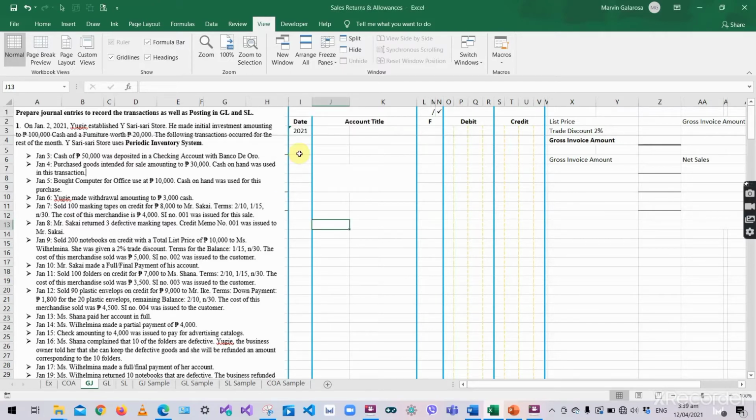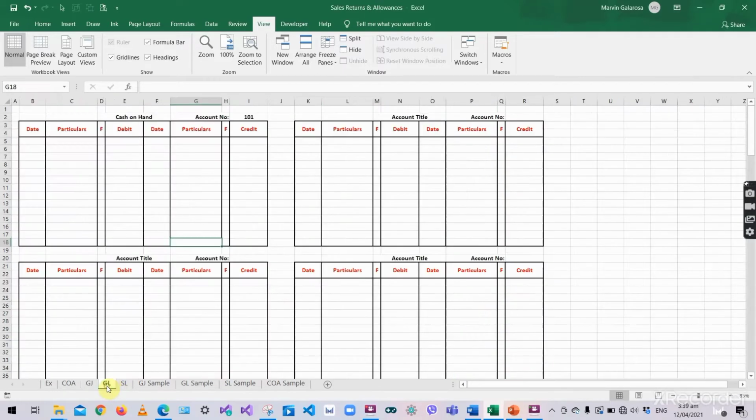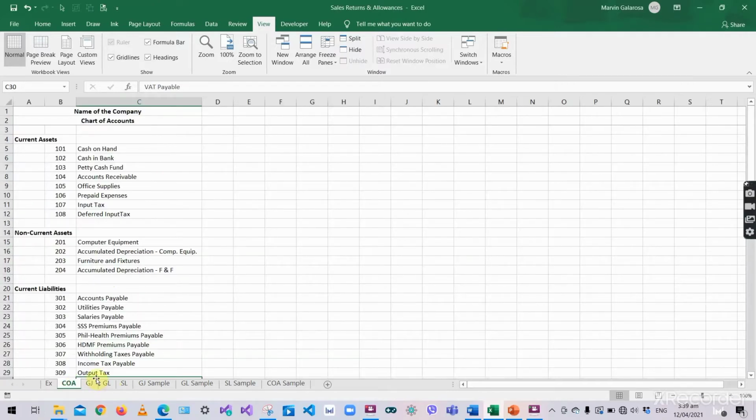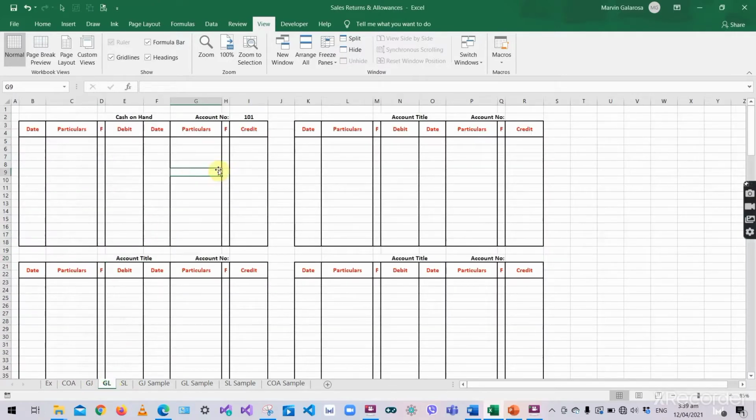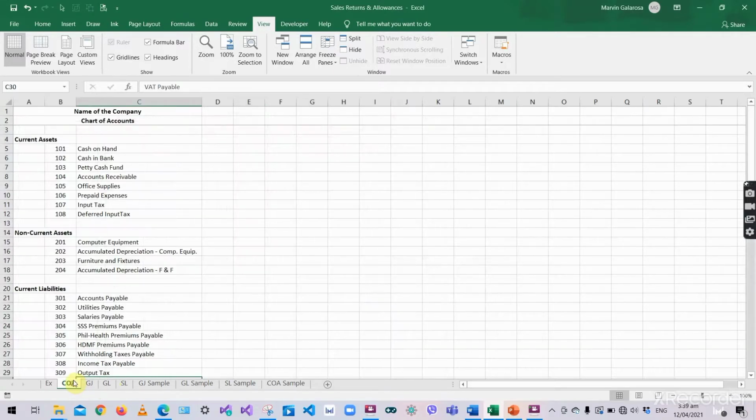Let us start with the example. Una muna, lagay muna natin yung mga account titles sa bawat ledger. Para nang sa ganun, tuloy-tuloy na yung ating posting. And every time na maka-encounter tayo ng panibagong account title. So, una, cash on hand. Account niyan, 101.